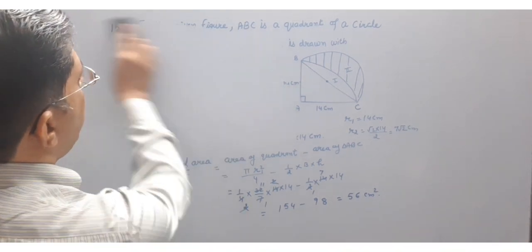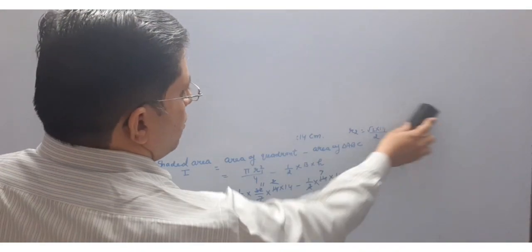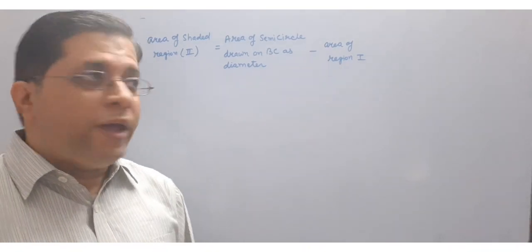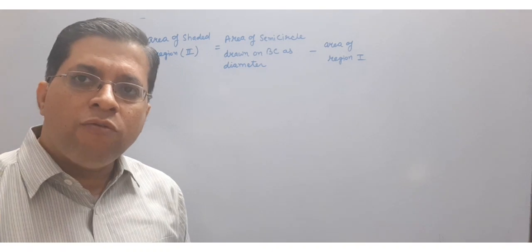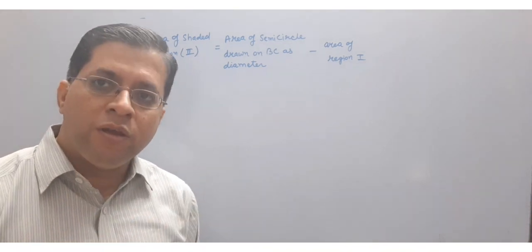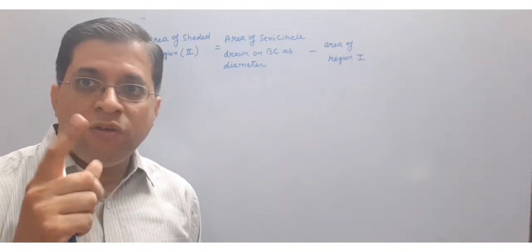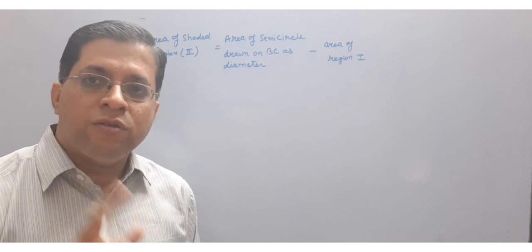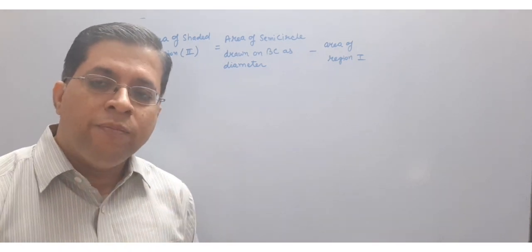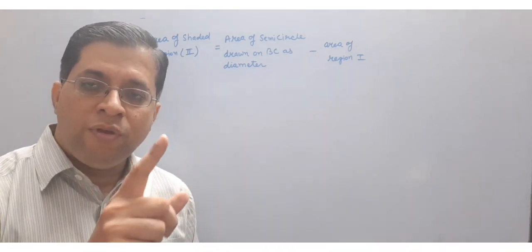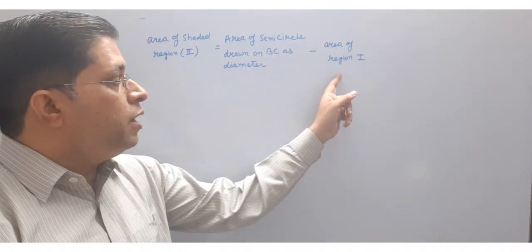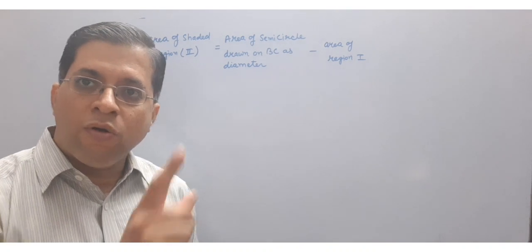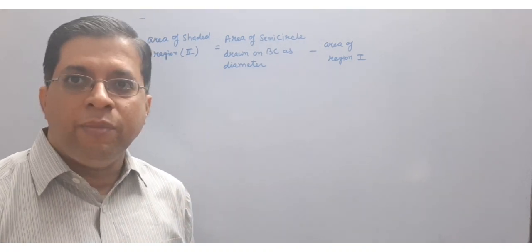Now then we have to find the second. Yes, then you have to find the area of shaded region number 2. For that what you have to do? You have drawn one semicircle on BC. BC was the diameter and radius you got earlier, that was 7 under root 2 centimeter. Okay, and area of shaded region 1 that we got earlier, that is 56 centimeter square.